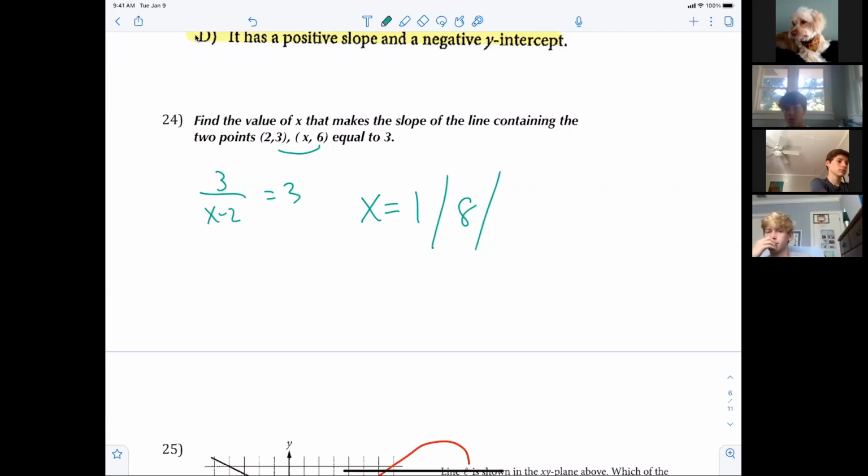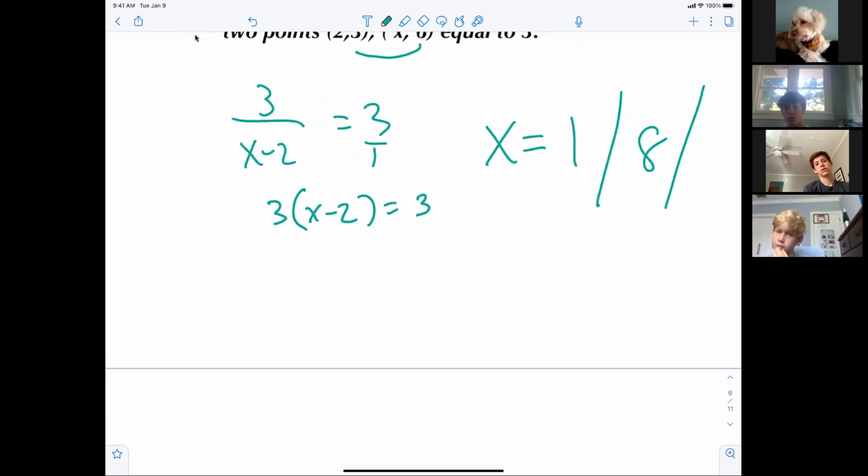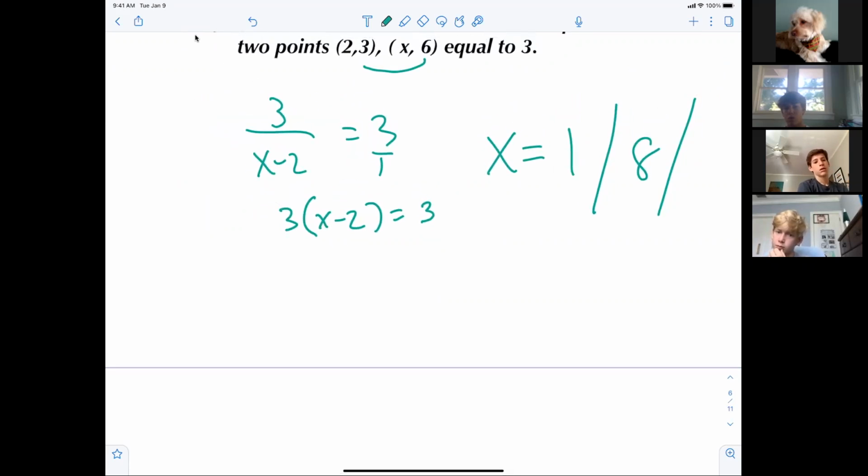So far, so good? Now we can just make a proportion, cross multiply, right? So 3 times x minus 2 is equal to what? Equals 3, right? Now, instead of distributing, I might as well just go ahead and do what? Can I just divide it? So that gives me x minus 2 equals 1. So what's x? 3.